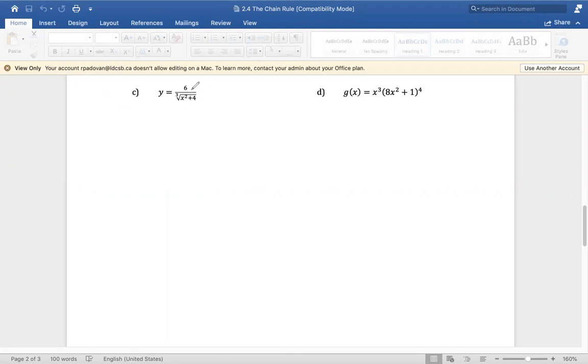But I need that to go up as a numerator in order to differentiate it. So I'm not going to say y prime yet, I'm just going to rearrange this first. So y would be equal to 6, and then I have a bracket. What would be inside the brackets is x squared plus 4. And then that cube root out in front would really be to the exponent 1/3, but because I'm bringing it up to the numerator, it's actually to the negative 1/3, correct?